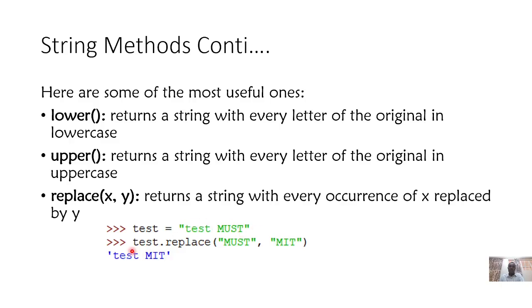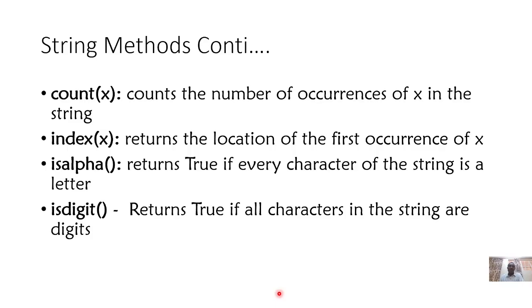So we are saying that test is the string that we have here, dot replace. Can you please replace must with MIT? When you print it out, it's going to say test MIT if you call that particular function. So that's it. Another thing is that you can also count.